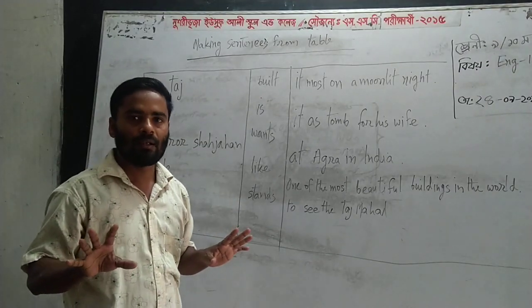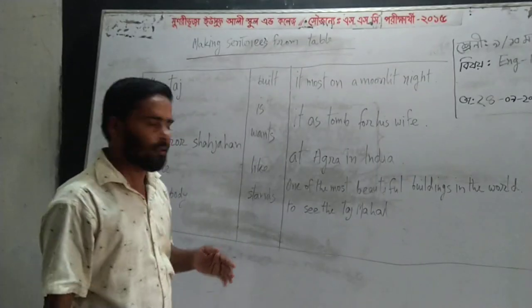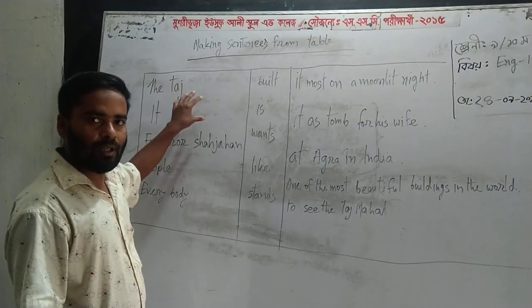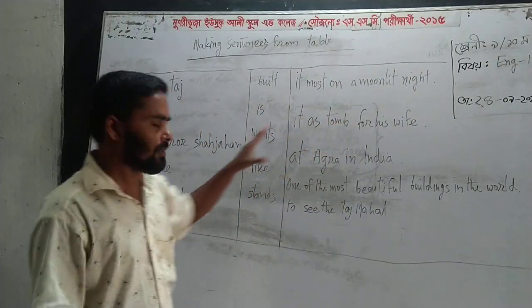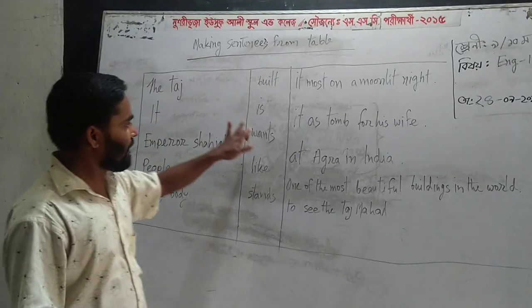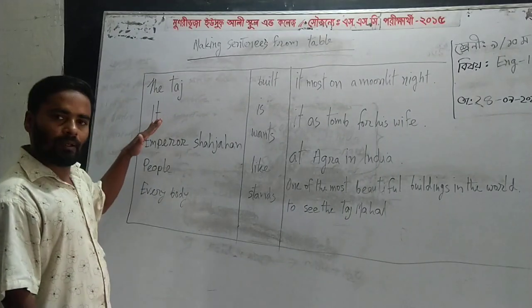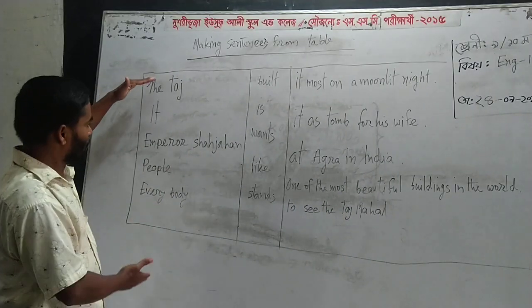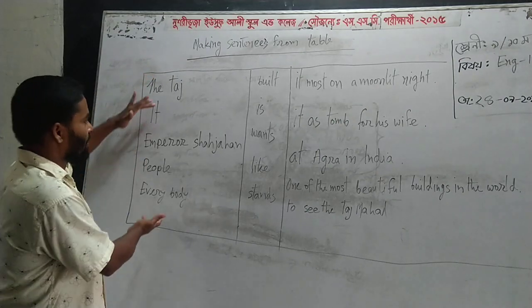So I think you all understand my instruction. So first you will take one subject, one verb, and one object. Then you will take another subject, another verb, and another object. In this way, you will have to take 1, 2, 3, 4, 5.